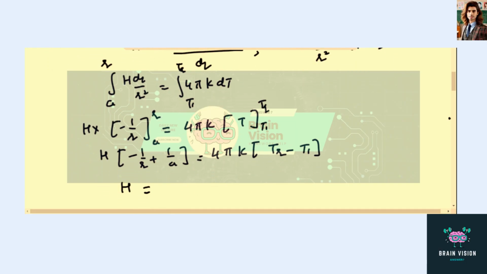So from the above equation you may write H into r minus a upon ar is equal to 4 pi k into Tr minus T1, equation 3.